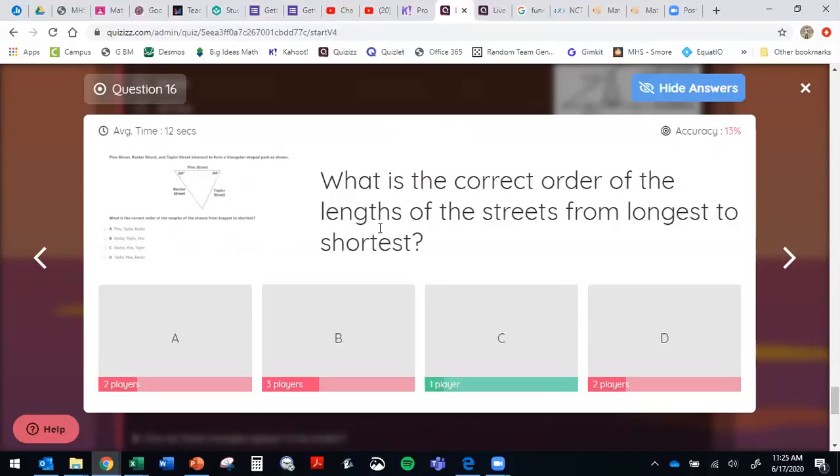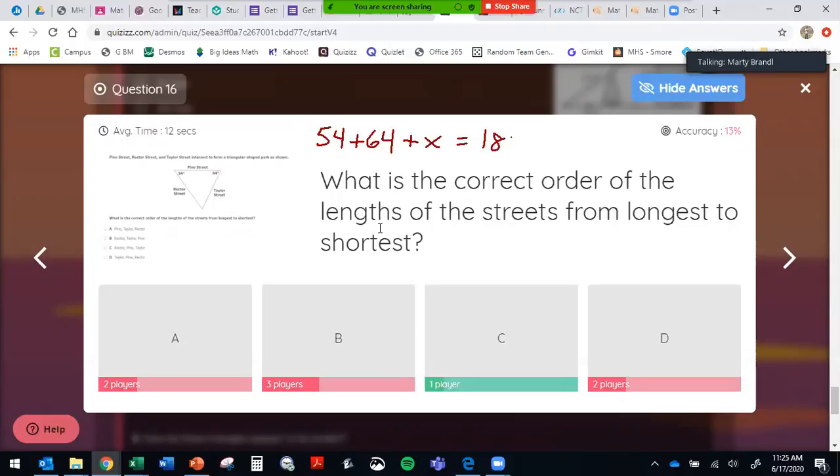And what do we know about the angles in a triangle? Well, they add up to 180, right? So I have 54 and 64 used, and there's going to be one other angle, and we know that total is 180 degrees. So if we figure out what that missing x is, we can subtract from 180.